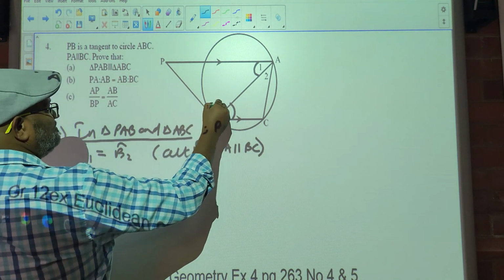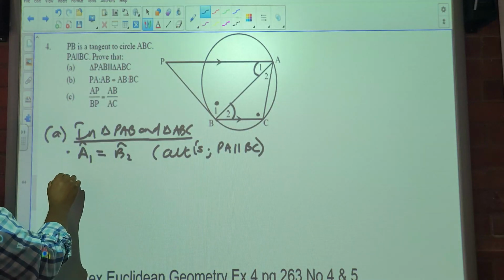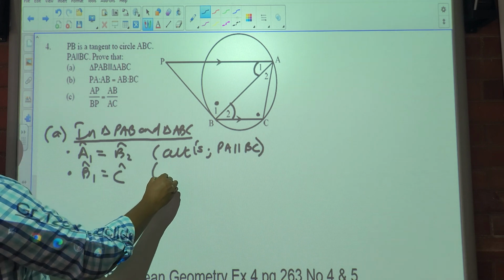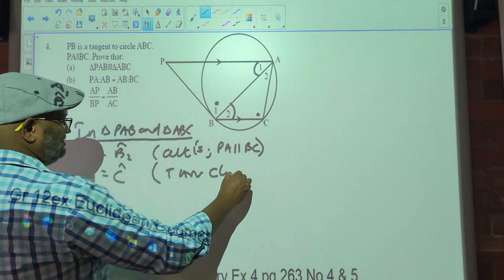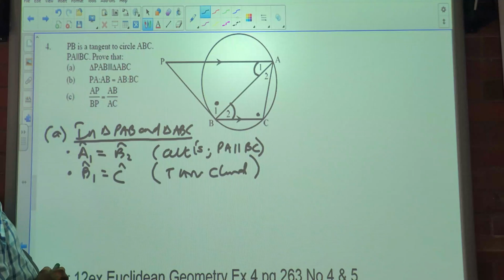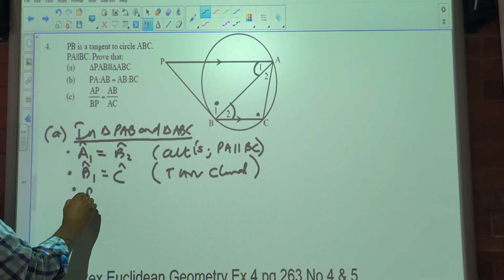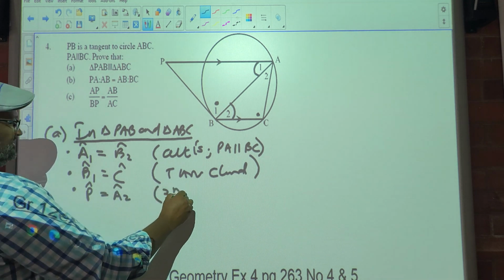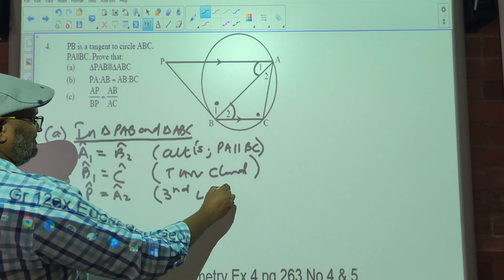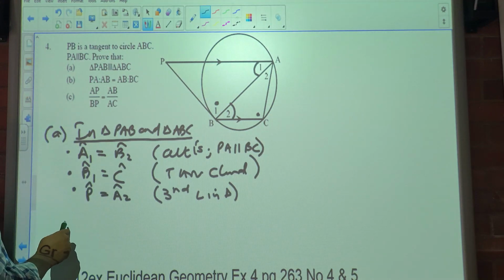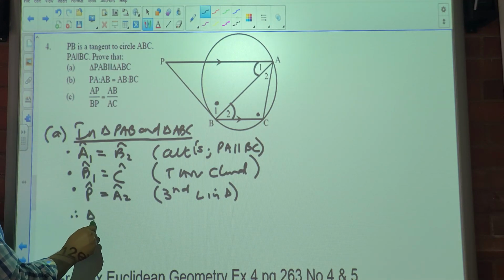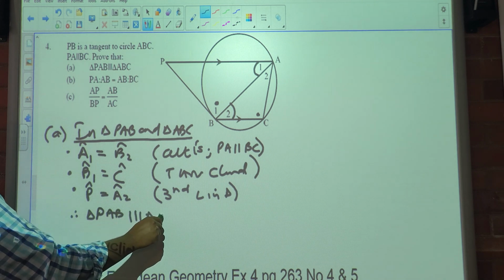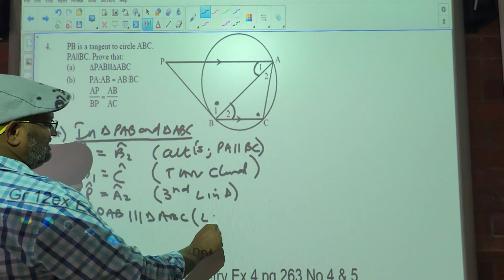And then angle B1 is equal to angle C. Why? It's the tan-chord theorem, not so. So therefore angle P has to be equal to angle A2. Why? The third angle in a triangle. That of course is enough to conclude similarity. So therefore triangle PAB is similar to triangle ABC, which is angle-angle.